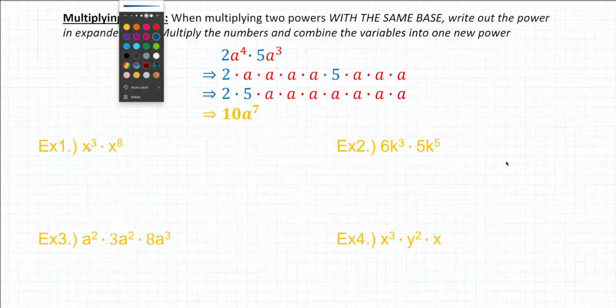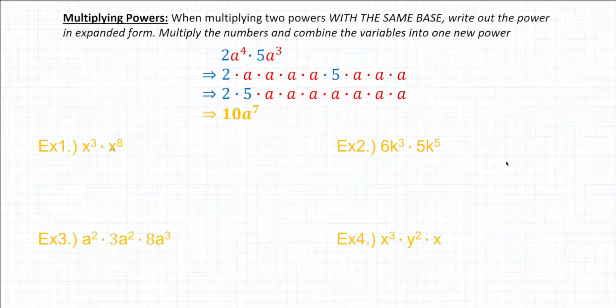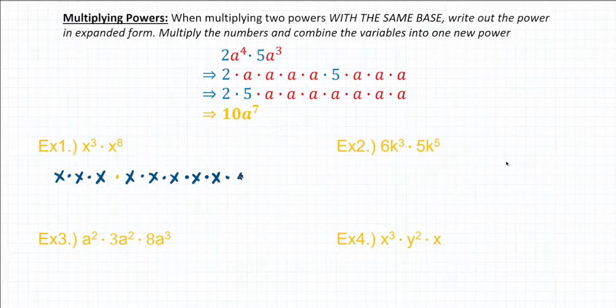So right here we have x to the third power times x to the 8th power. That's as simple as just writing x cubed, so x times x times x, that's x to the third power. And then we're going to multiply it by x to the 8th, so x times x times x times x times x times x, 1, 2, 3, 4, 5, 6, times x times x.